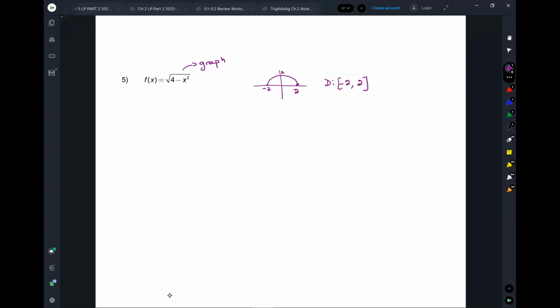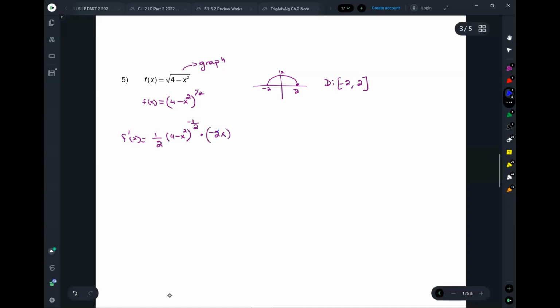Not yet. Now we're just doing the domain. Now we're going to find the derivative. For the derivative, it does help to rewrite it like this. Okay, so now let's find the derivative. This is a major chain rule problem. Half comes down. 4 minus x squared to the -1/2 times the derivative of the inside, -2x.